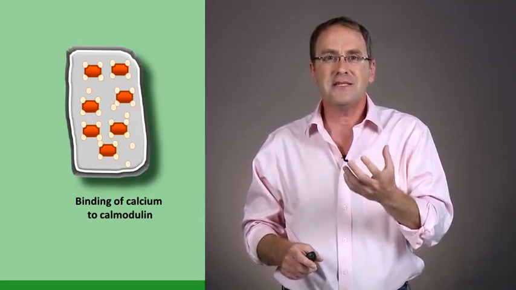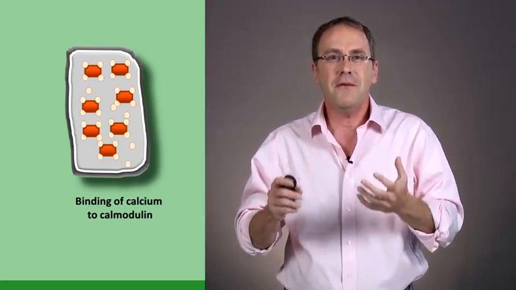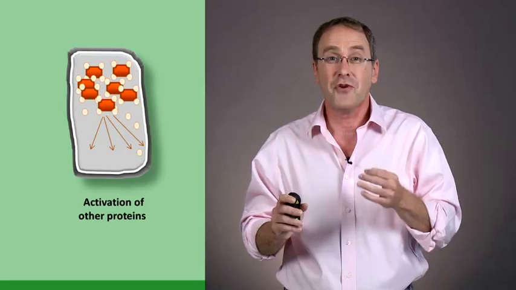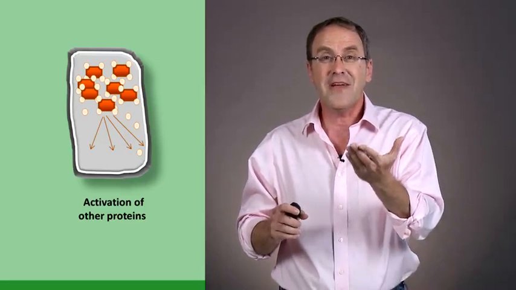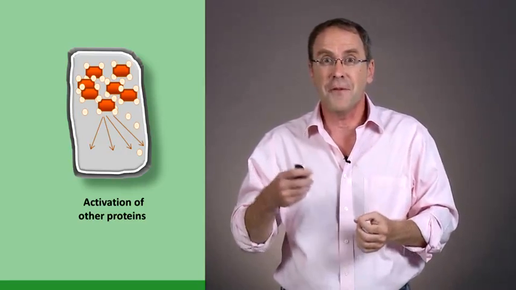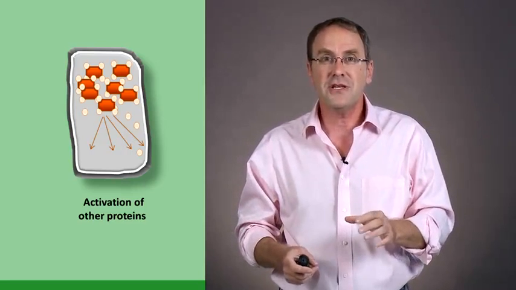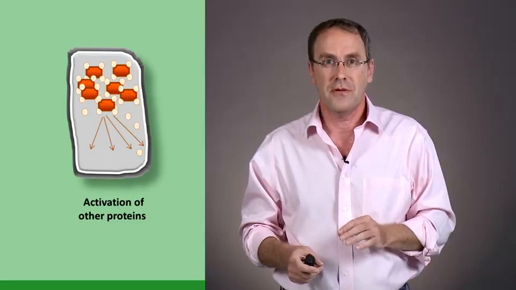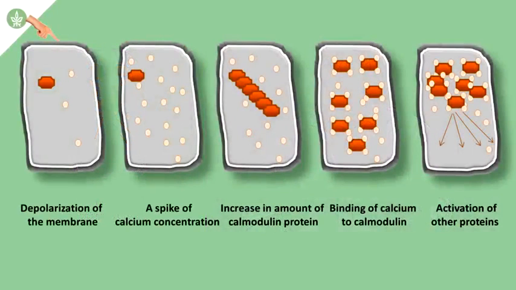And when it binds calcium, it affects many cellular processes. For example, in human beings, the binding of calcium to calmodulin is important for memory, inflammation, muscle function, and nerve growth.